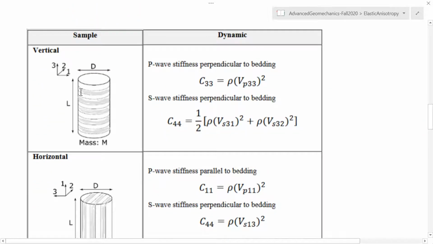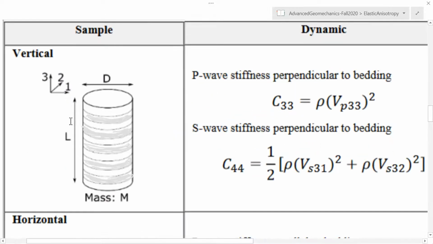Okay, here we have the same samples as the one before, same orientation, same everything. And what we're going to see is what these P and S waves are. So let me respect the colors that I used before. First of all, if I send a P wave that goes through the sample in the axial direction on a vertical sample, this is going to be a P wave that goes in direction 3 and produces a strain also in direction 3.